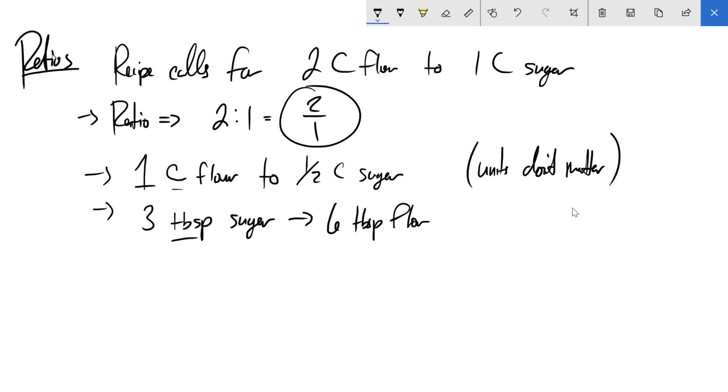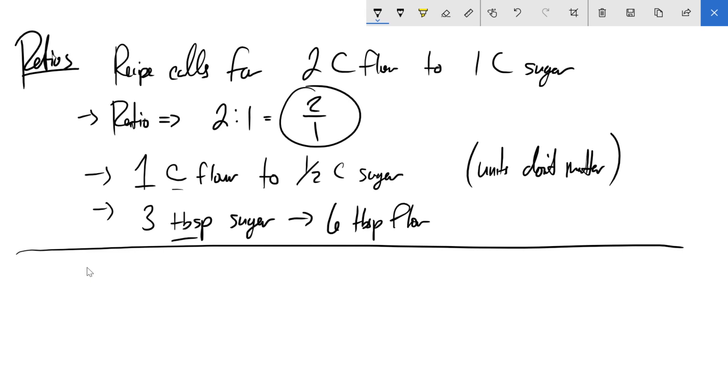In fact, I was reading a recipe a little while ago, and I can't remember what it was, but it called for 2 parts sugar to 1 part, I think it was for making gravy or something.